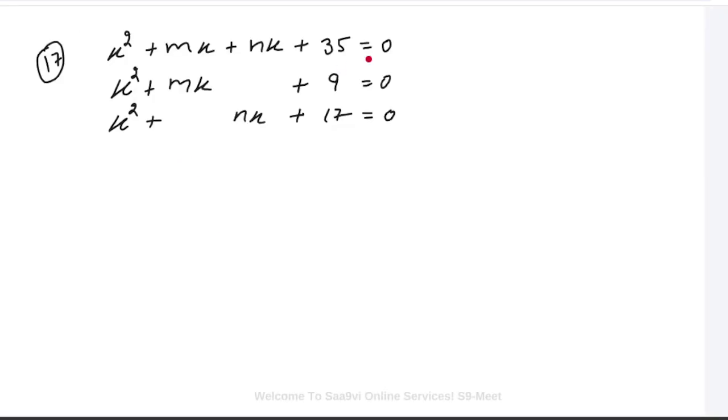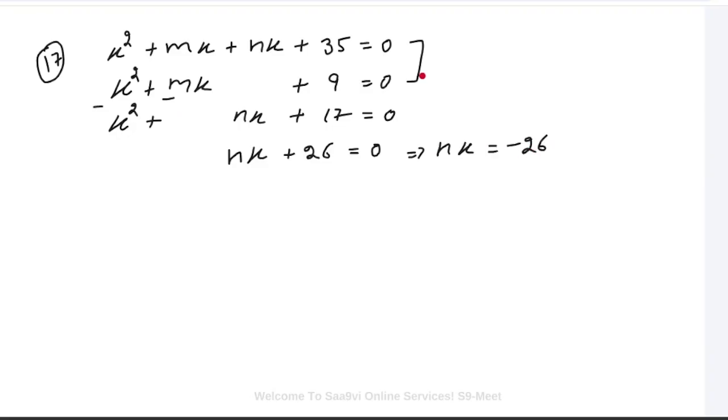Now, if I take the first two equations, what exactly do we get? x square will get cancelled with x square, mx will get cancelled, and we're going to get nx plus 26 equal to 0, that is 35 minus 9, 26. That means nx is equal to minus 26.